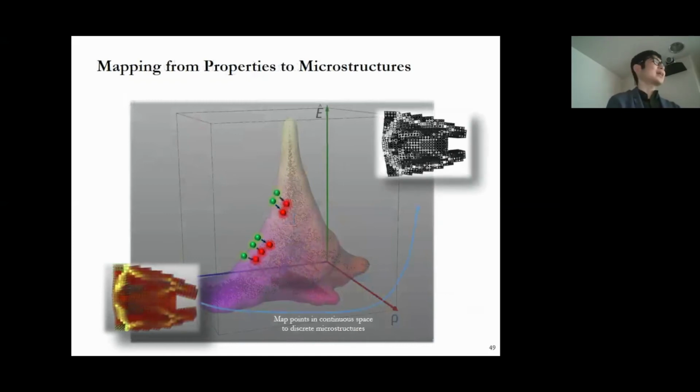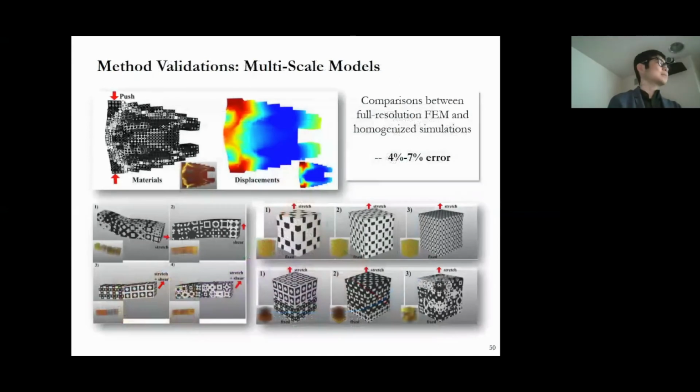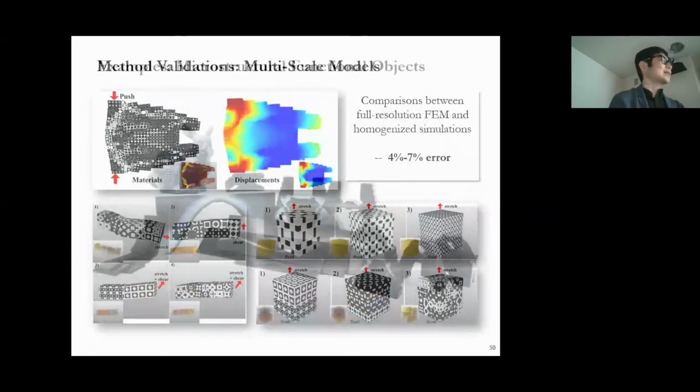And eventually, we can come up with some complicated design like this. And each voxel is actually occupied by, for example, 32 cubed or 64 cubed printing voxels. That is a microstructure. We validate our approach by running simulations and mechanical evaluations on different designs and materials, and we think the error is acceptable for this kind of problem.